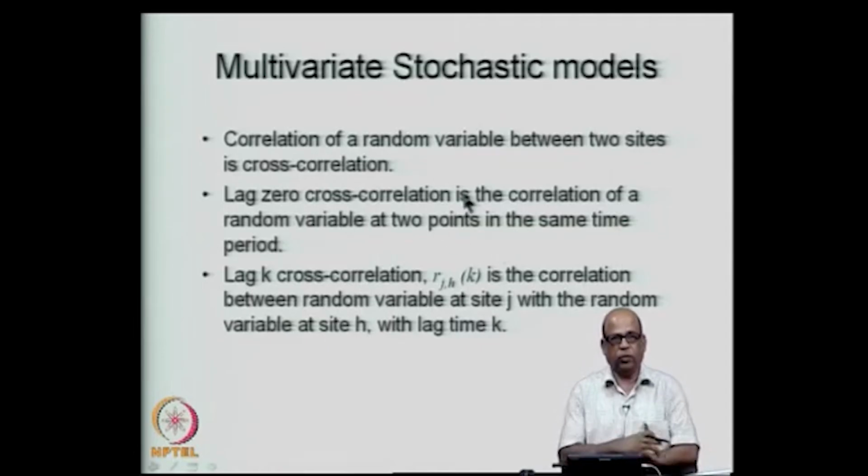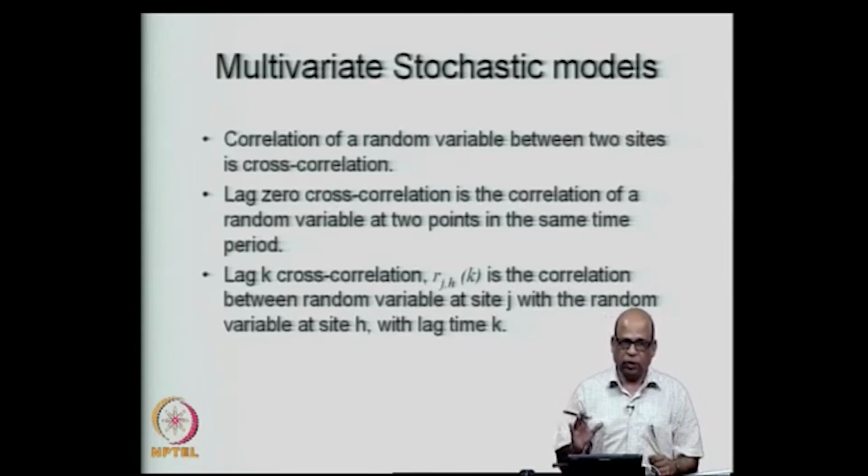That means, you have two sites and you are taking the same time period, then you are computing the cross correlation, that is lag 0. Then lag k cross correlation, which is denoted as R J H k, j is the station, h is the station. So, we are talking about flow in site j and flow in site h, and k is the lag, it is a time lag.